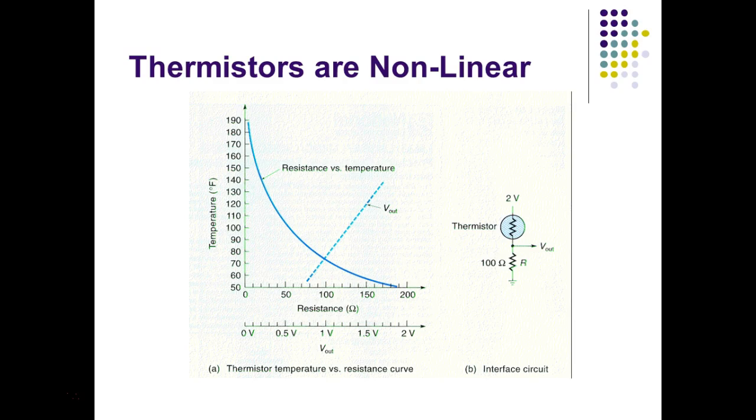You understand? So Kirchhoff's voltage law says the sum of the voltage drops has to be equal to the applied voltage. Then we also have the law of distribution, which says the biggest resistor drops the biggest voltage, right? You understand that? So what happens on this one? What would happen to the output voltage if the temperature goes up?